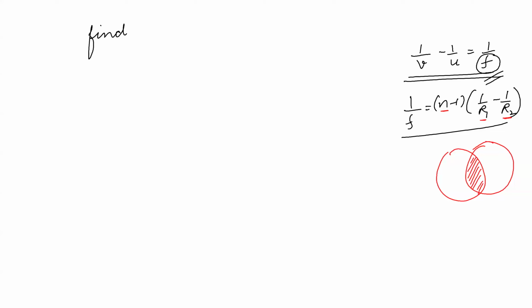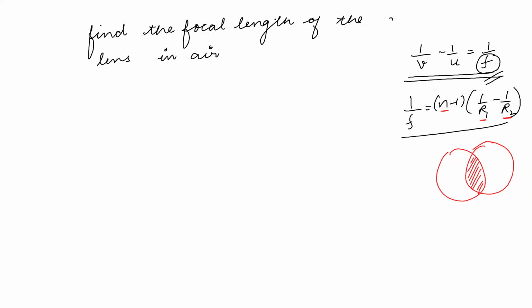So what does it say? It says find the focal length of the glass lens in air, whose mu is equal to nothing but what, 1.5. Find the focal length of the glass lens in air, and the focal length is 20 centimeters. The focal length is given to me.